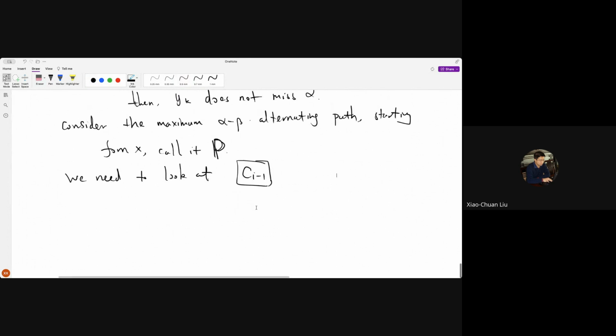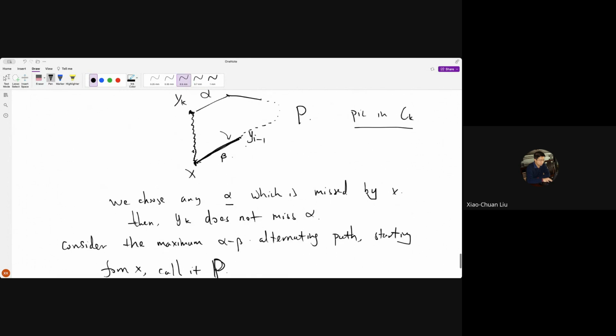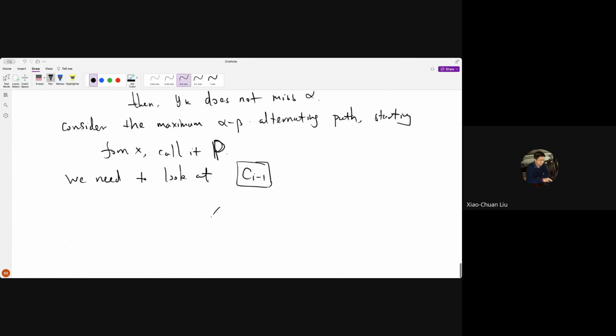So let's look at C_{i-1}. In comparison here, this is the edge at the point C_{i-1}, you have this is y_i, and here x. y_{i-1} has no edge. This is C_{i-1}.